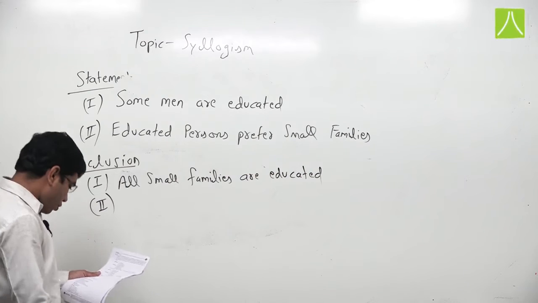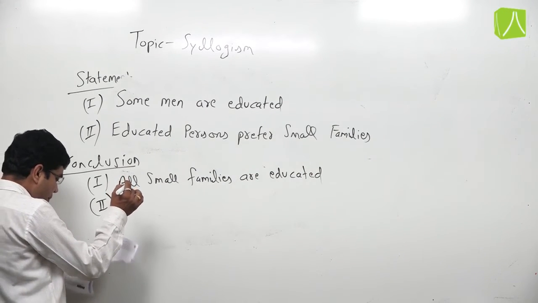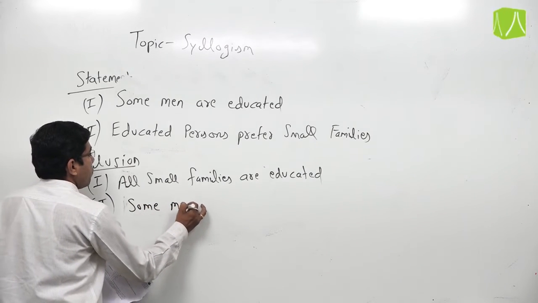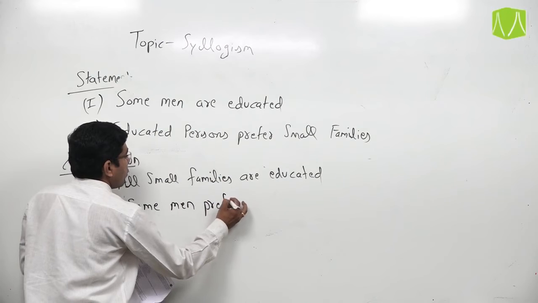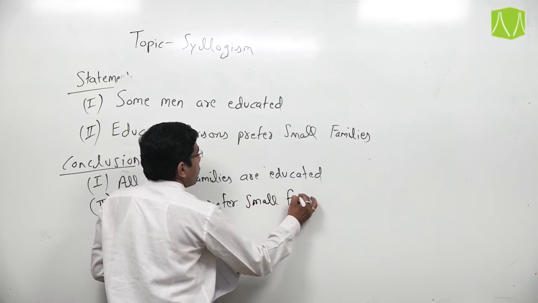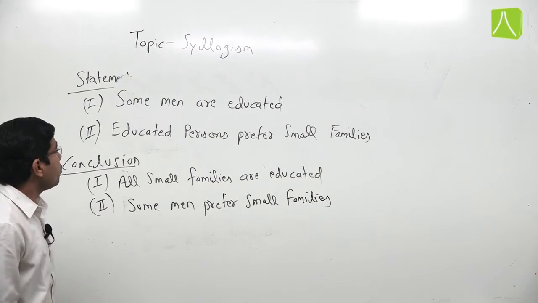All small families are educated, and second, some men prefer small families. Now first we have to draw the diagram.